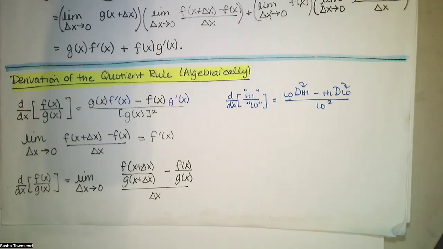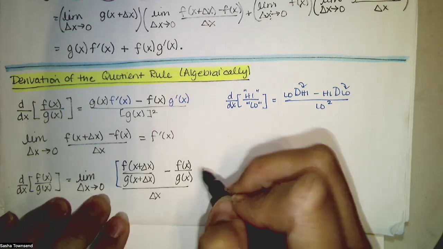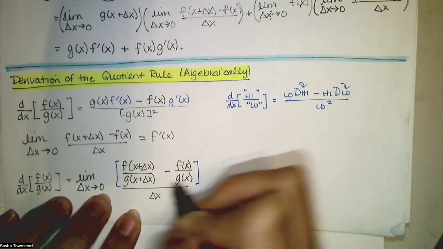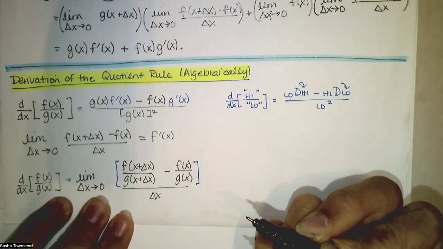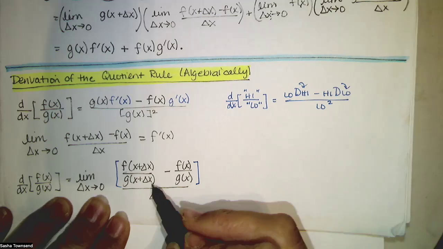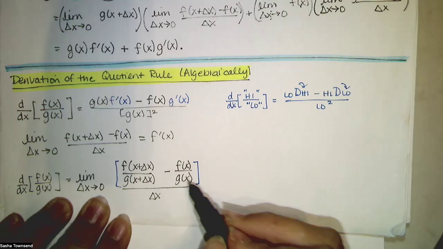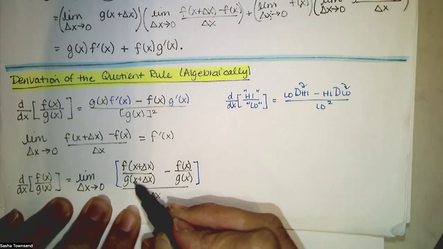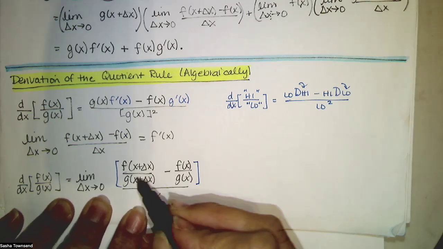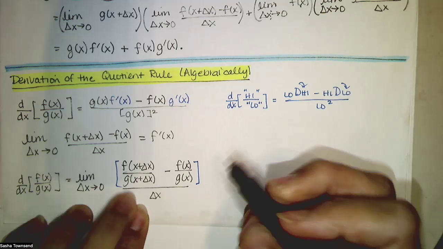Well, the first thing I notice is that I've got fractions within fractions. So one of the first things that I'll do to get rid of that sort of problem is multiply by the least common denominator. The least common denominator of the fractions within the larger fraction is g of x times g evaluated at x plus delta x.